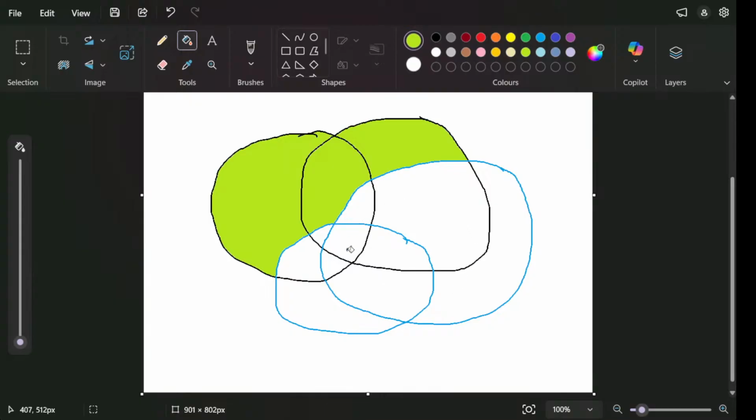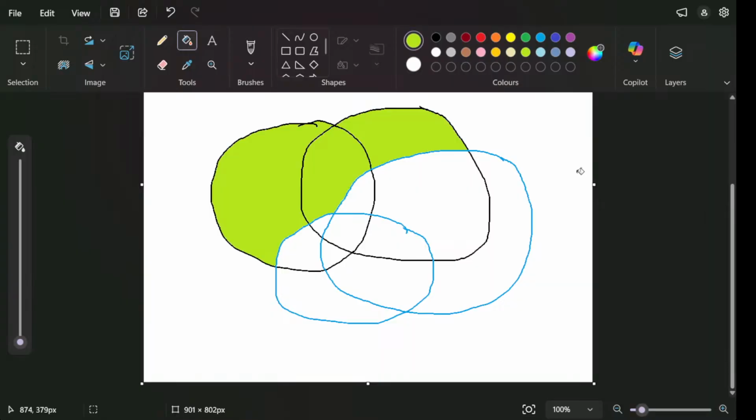Okay, so this section would need to be a subset of... Oh, okay. So this diagram doesn't work. This diagram is just wrong. Because the intersection of F and G's complement is not a subset of the union of F intersected with the union of G complement.